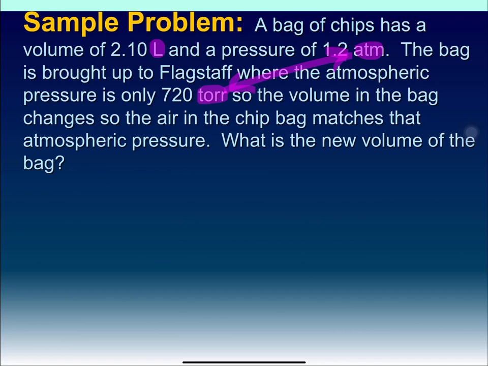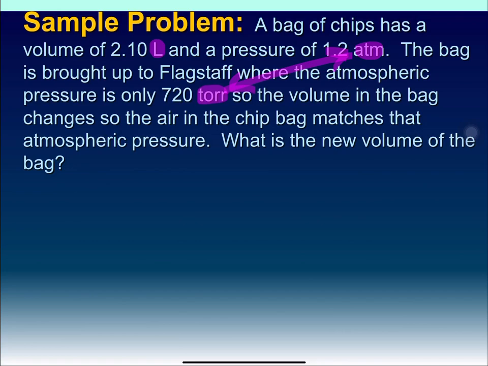That's what happens in confined containers that are able to expand or contract. When the pressure in the atmosphere increases, if it was a balloon, the balloon wants to adjust and have the same pressure. If it needs to increase in pressure, what happens to the size of the balloon?